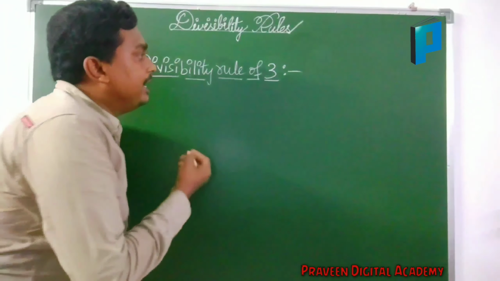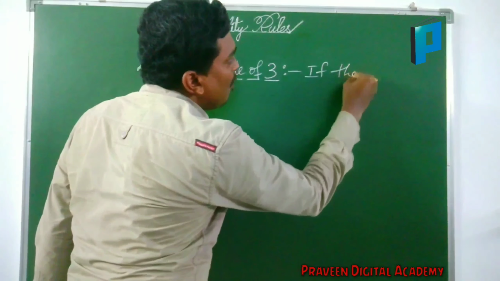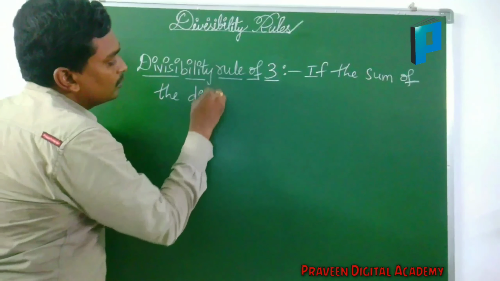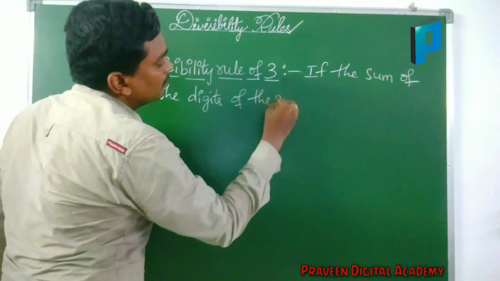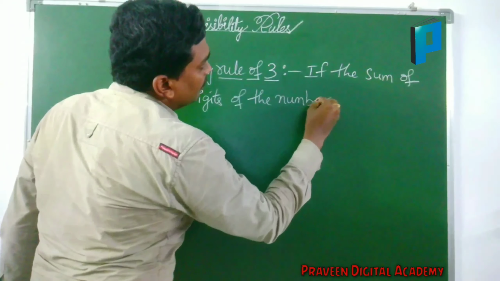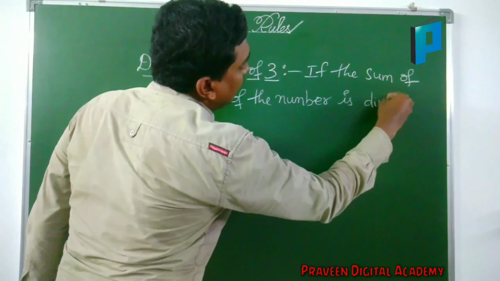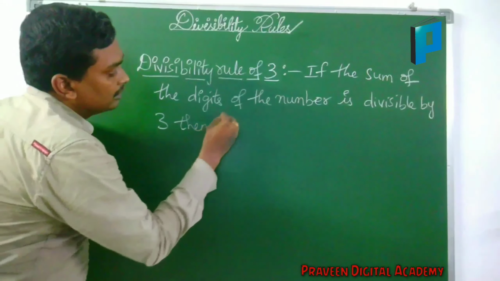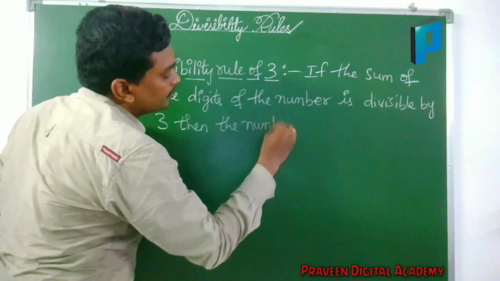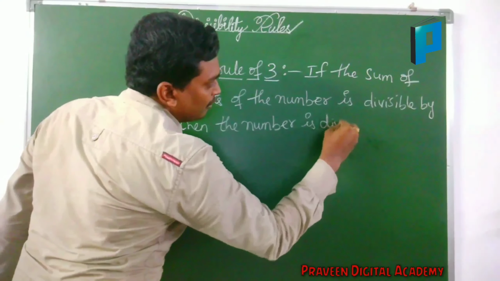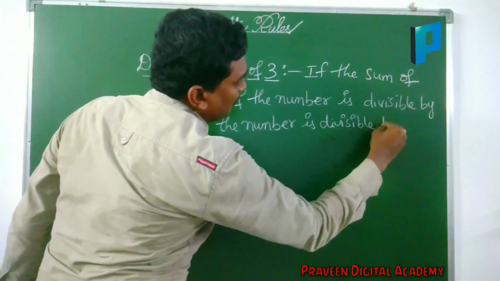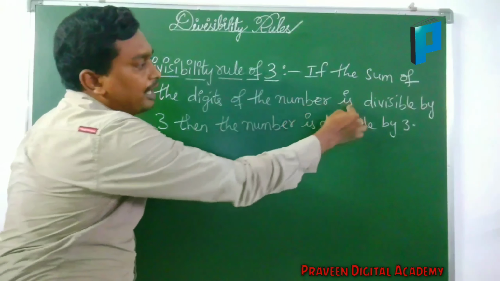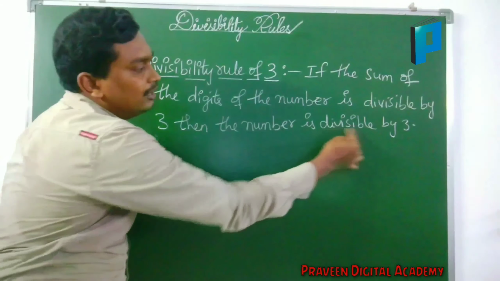Divisibility rule of 3. Here, if the sum of the digits of the number is divisible by 3, then the number is divisible by 3.